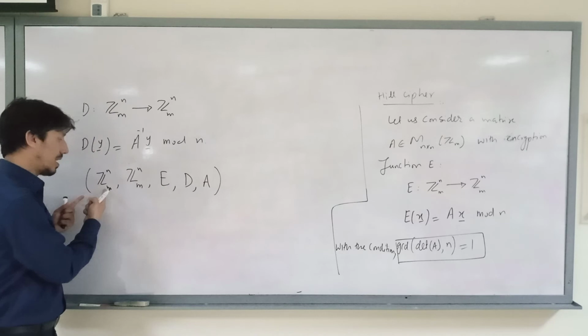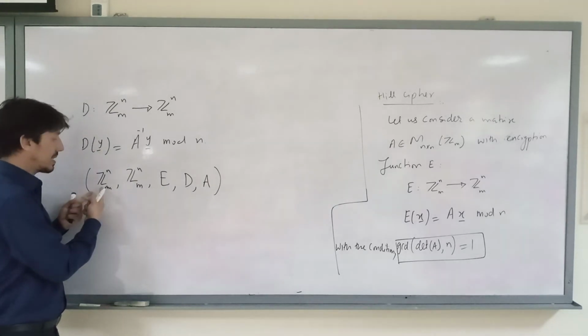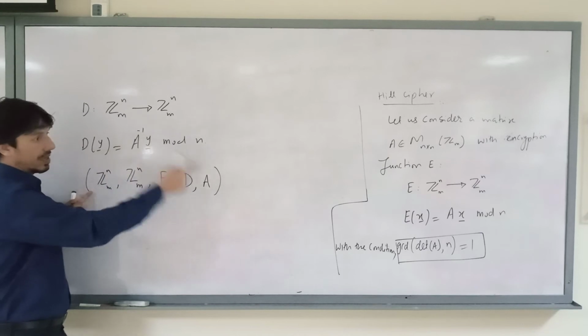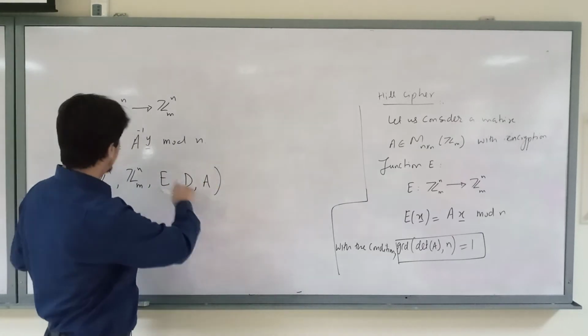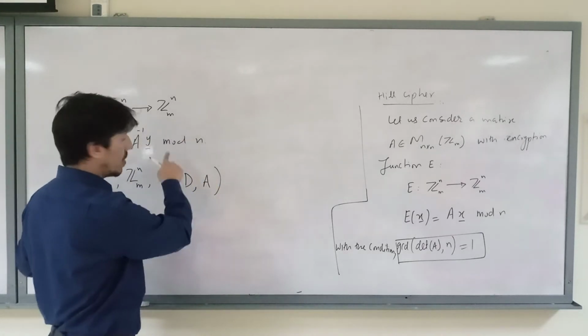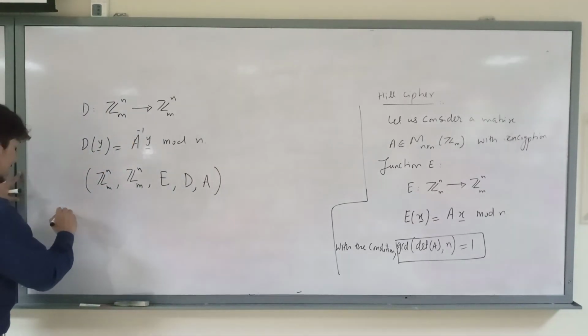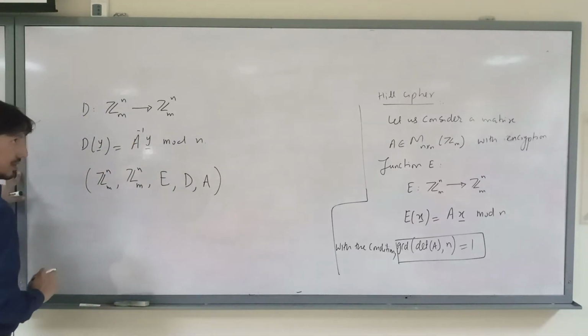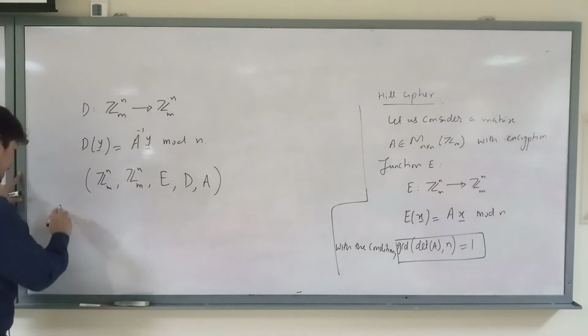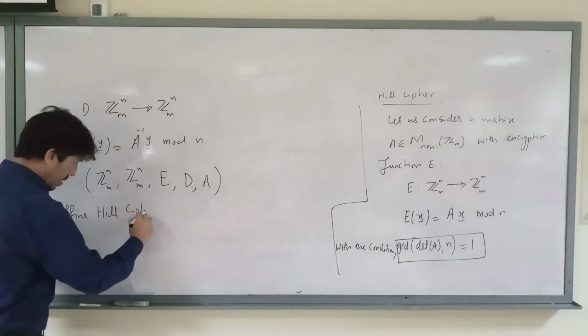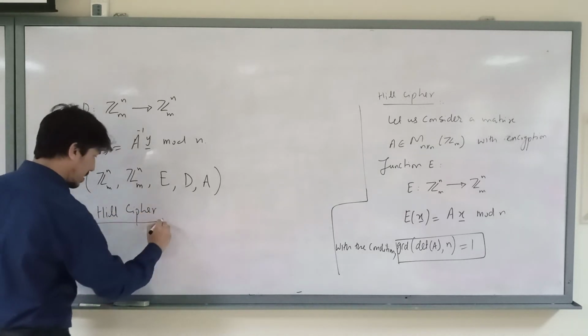So here the space of plain text is this one, the space of cipher text is this one, encryption is this function, decryption is this one, and A is your security key. Now if I generalize this to an affine cipher, what does it mean?